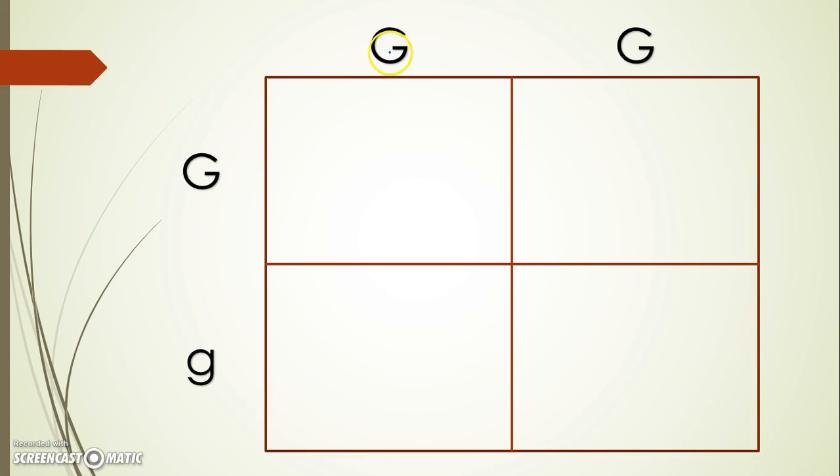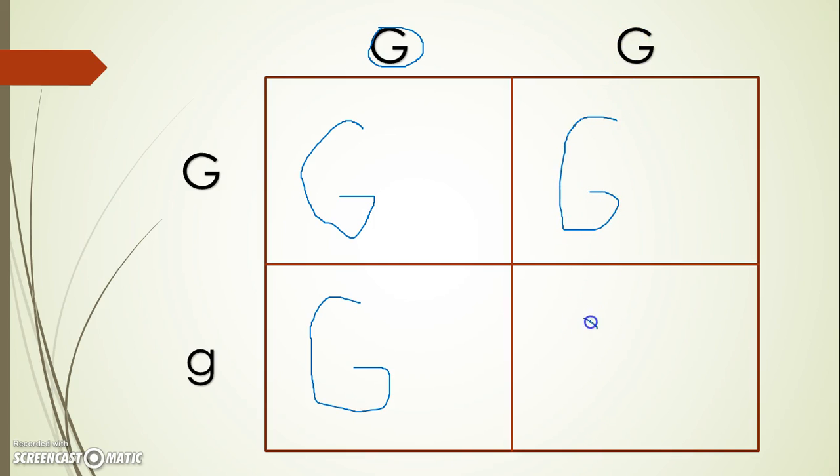So what you do is you bring one G. Let's start at the top. We'll start at this one up here, this G. You're going to bring one down into each box. And we're going to do the same thing over here. We're going to bring this down into each box. Now, we're going to move across. We're going to use this one here and bring it across into each box.